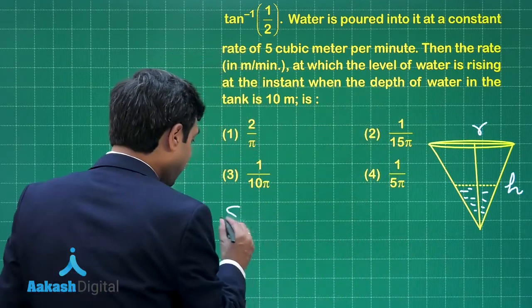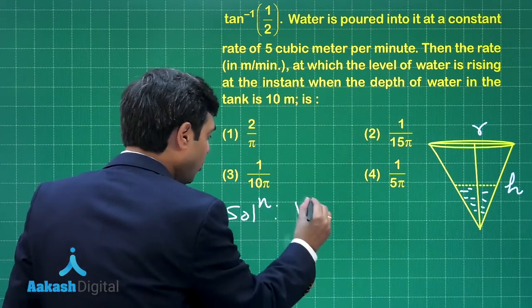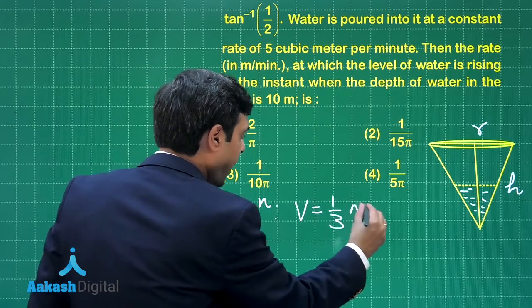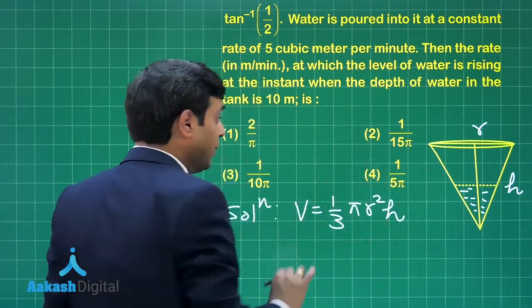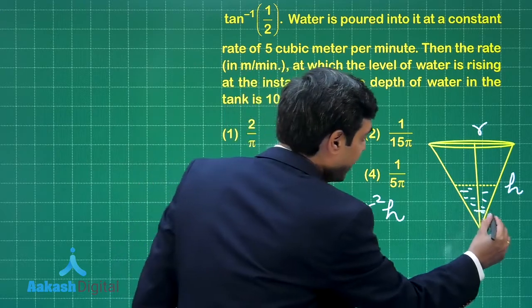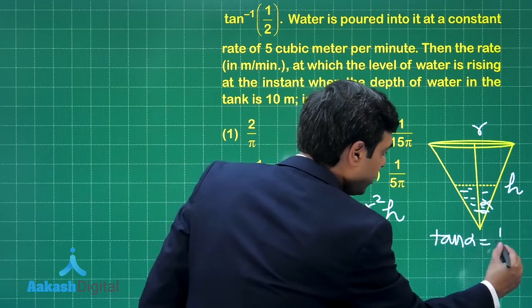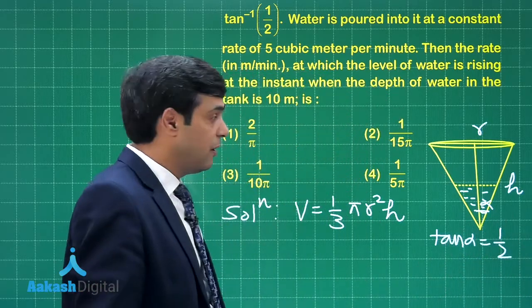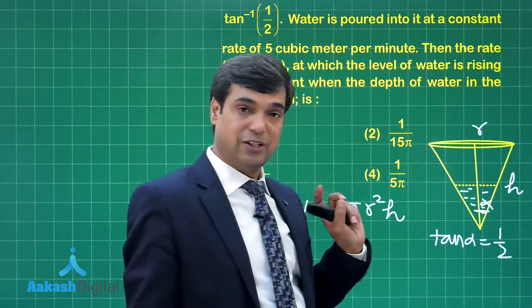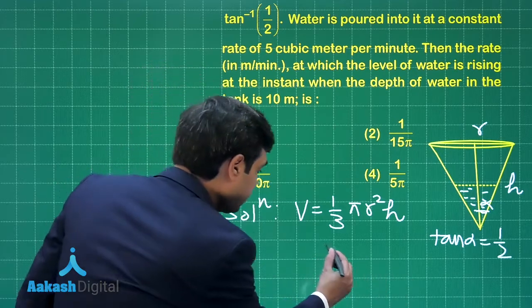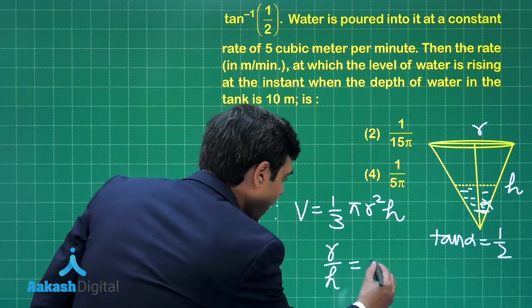Now the question says volume is 1 by 3 pi R square H. We have the result with us, this angle say alpha given by tan alpha is equal to half. Correct? We can say R by H is half.